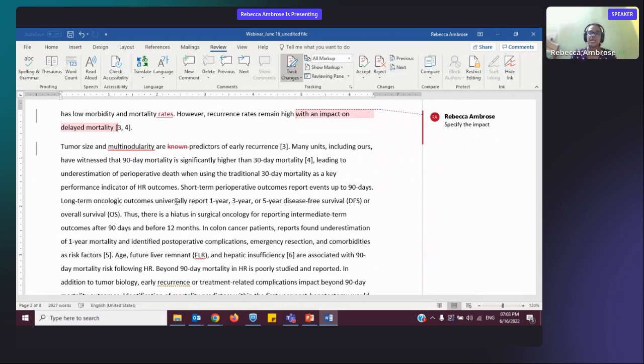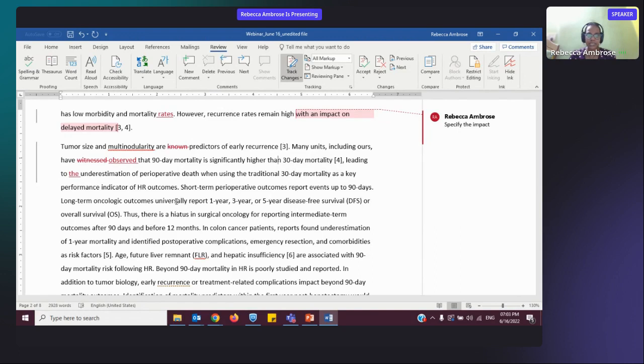Many units, including ours, have witnessed that 90-day mortality is significantly higher than 30-day mortality. So instead of saying witnessed, I think a better word choice would be have observed that 90-day mortality is significantly higher than 30-day mortality, leading to the underestimation of perioperative deaths, when using the traditional 30-day mortality as a key performance indicator of outcomes of resection.